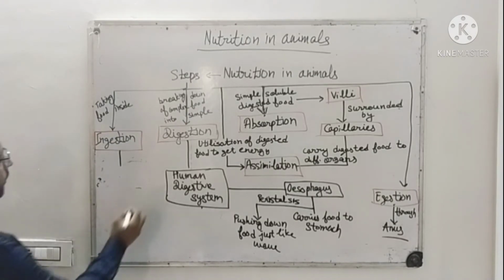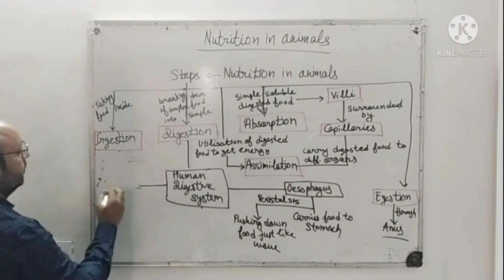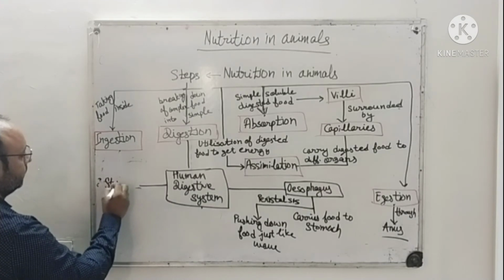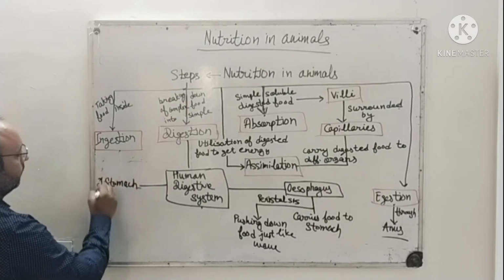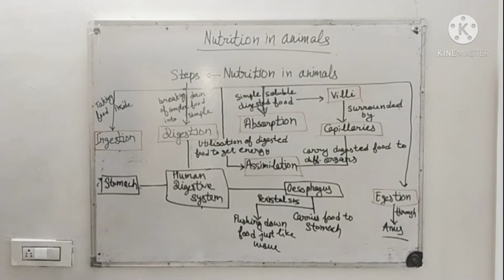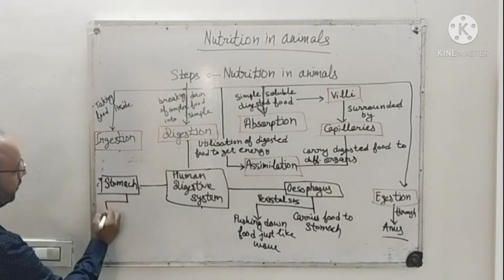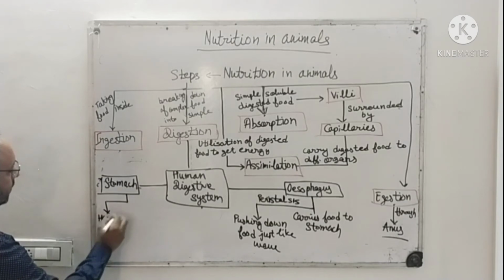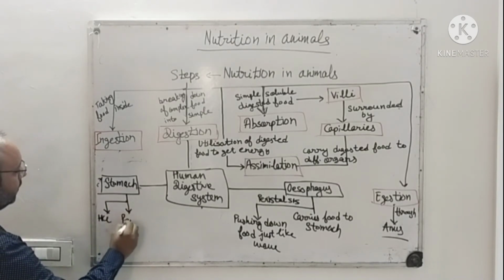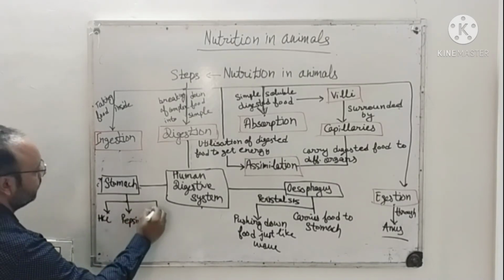Then after this, the food enters the stomach. In the stomach, we know that there are three major things: one is HCl, one is pepsin, and another is mucus.